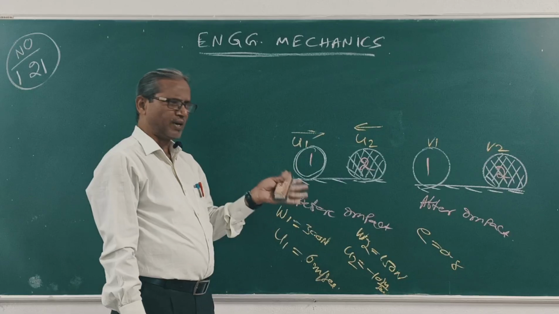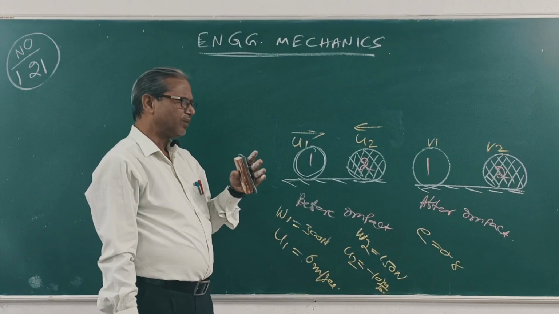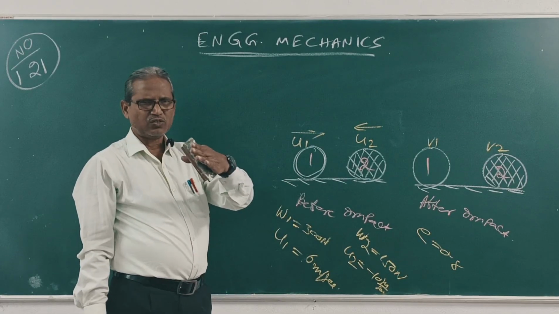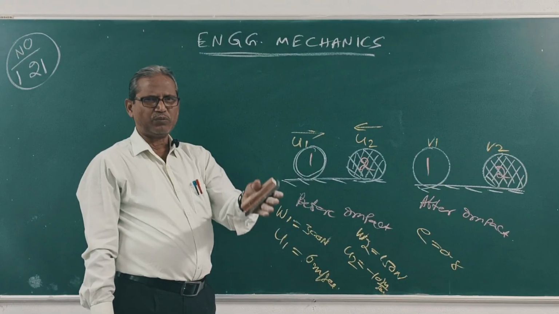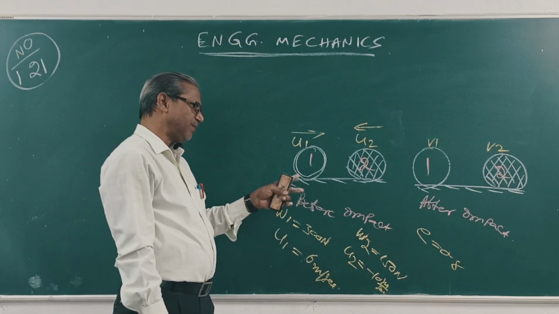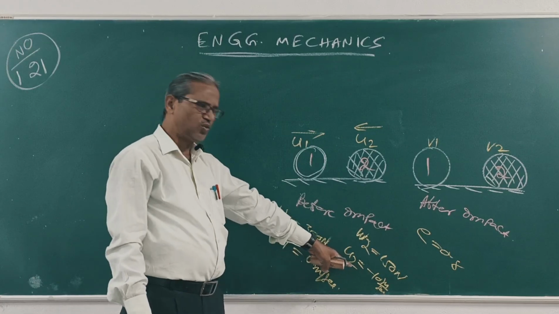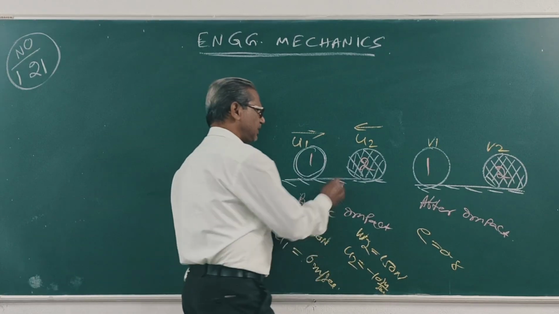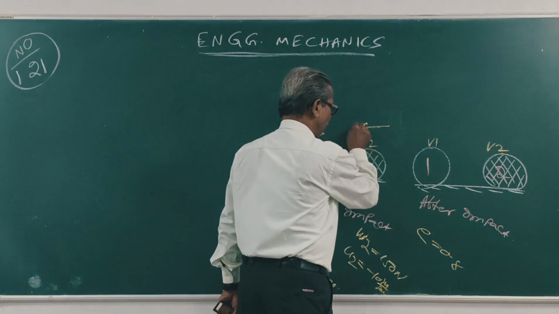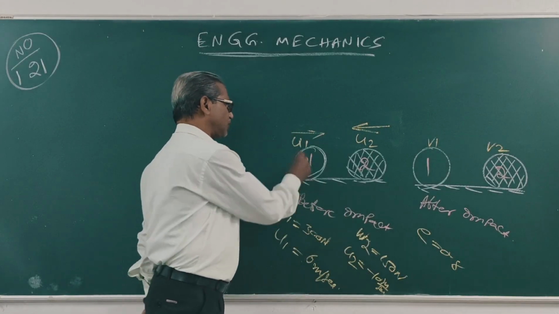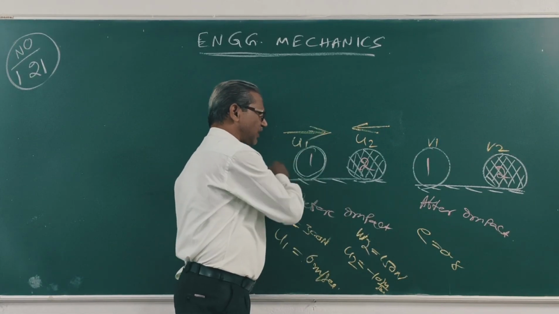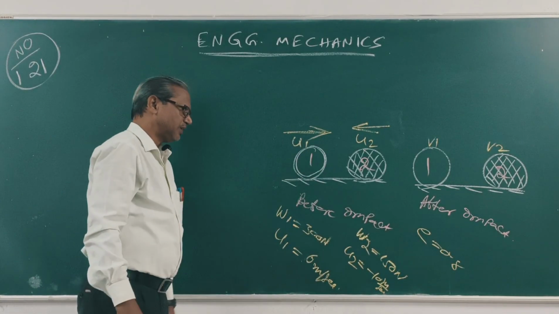Both before impact and after impact, we assumed both the bodies are moving in the same direction, so u1, u2 and v1, v2 are positive. But here, body 2 is moving in the opposite direction. So we will take u2 negative. Clear? This is u2, opposite, towards left, but we assumed both the bodies are moving towards right. Clear?